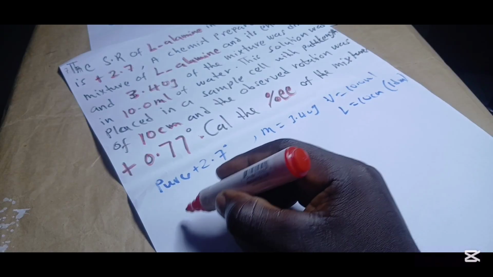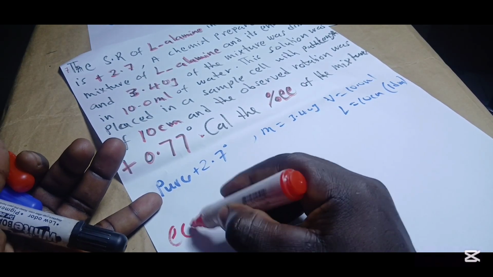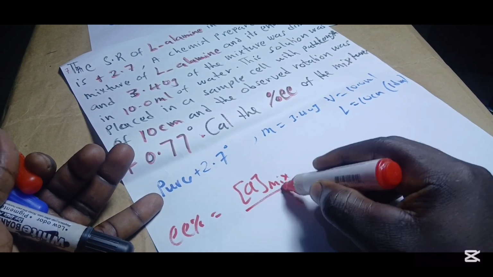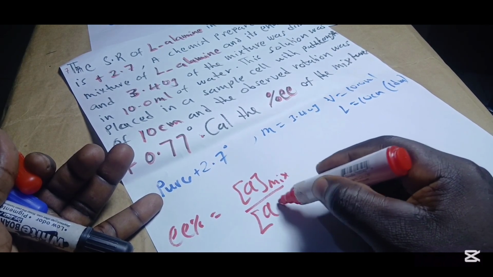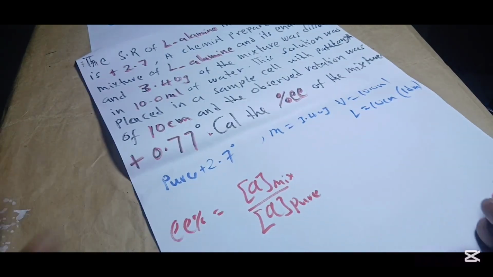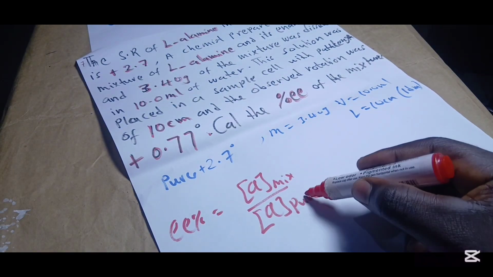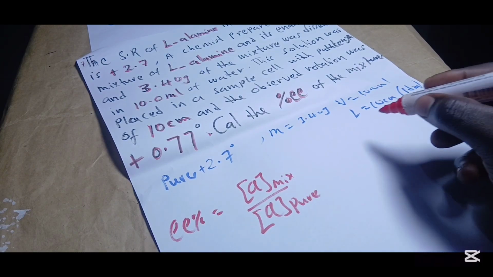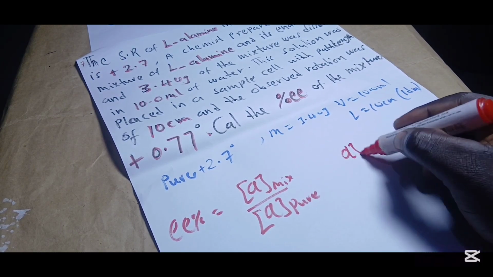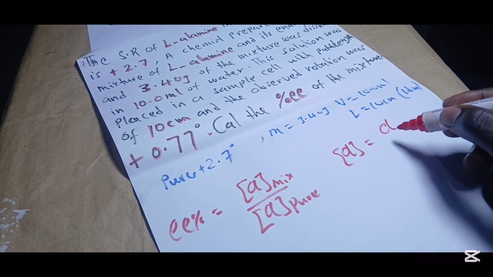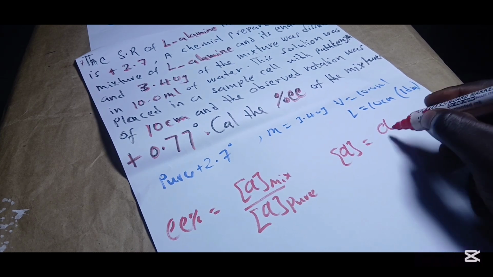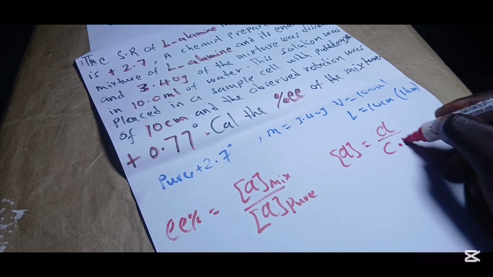So we know that enantiomeric excess equals specific rotation of the mixture over specific rotation of the pure sample. In this case, we know that of the pure sample to be 2.7, but we don't know that of the mixture. So calculating that of the mixture, we know that specific rotation equals observed rotation over concentration multiplied by L.